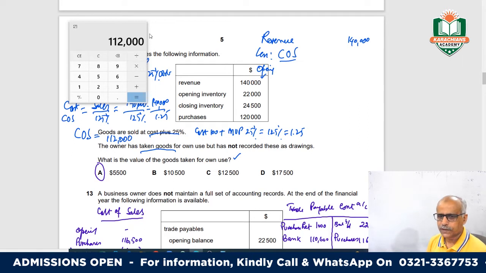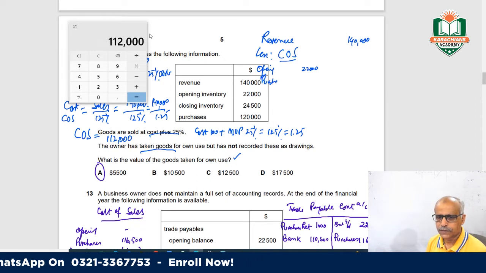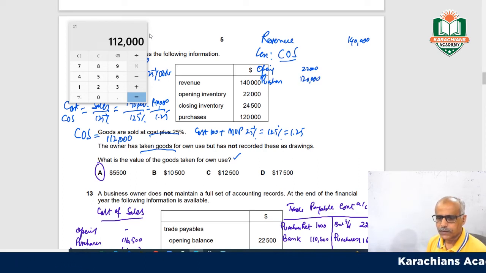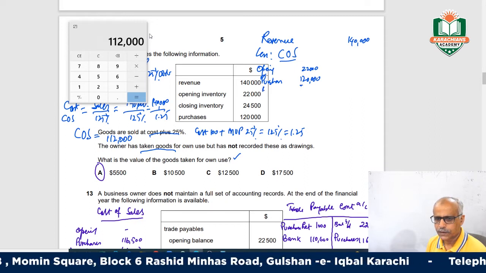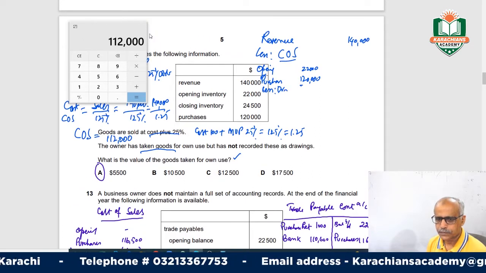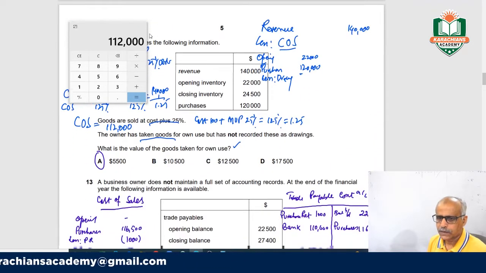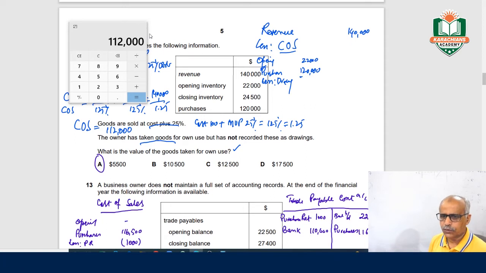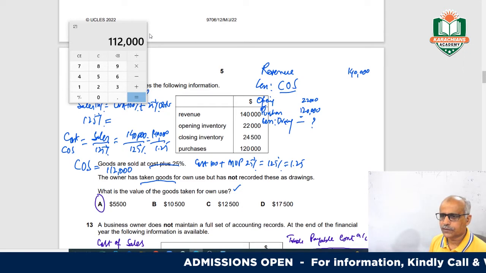Opening inventory is given to you, 22,000. Then you will add purchases. Purchases are 120,000. Then you will deduct drawings. You do not know what the drawing is, but you have to deduct it.